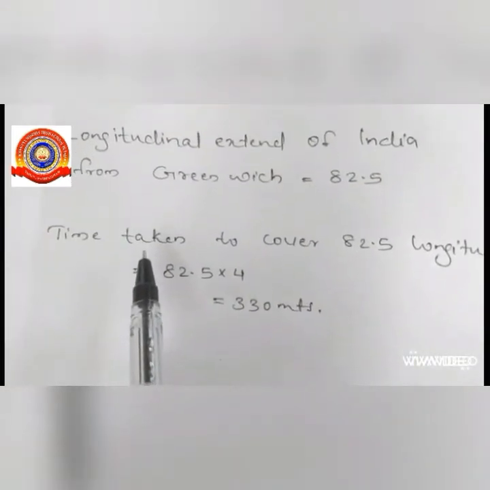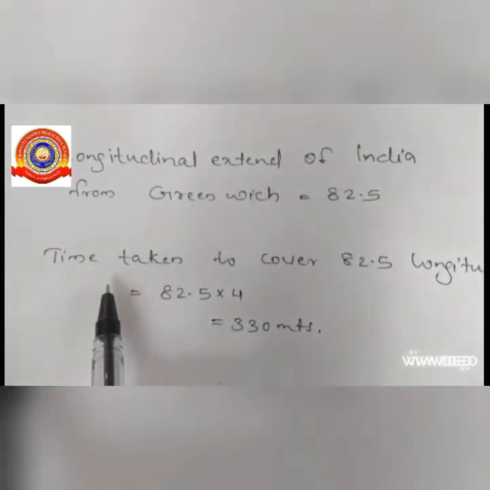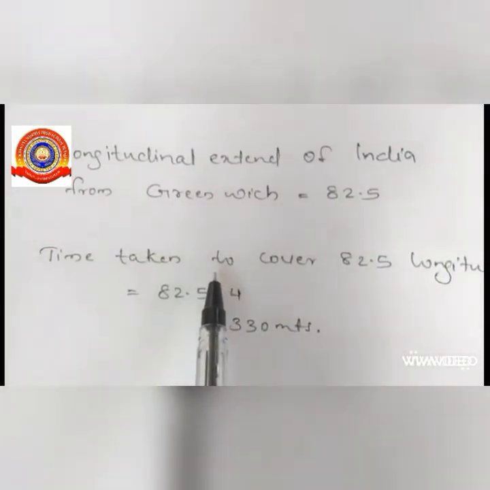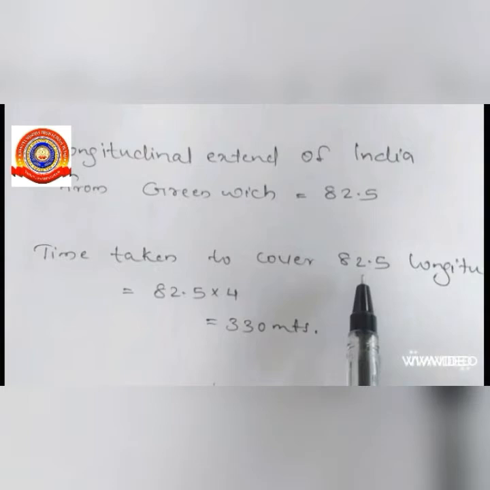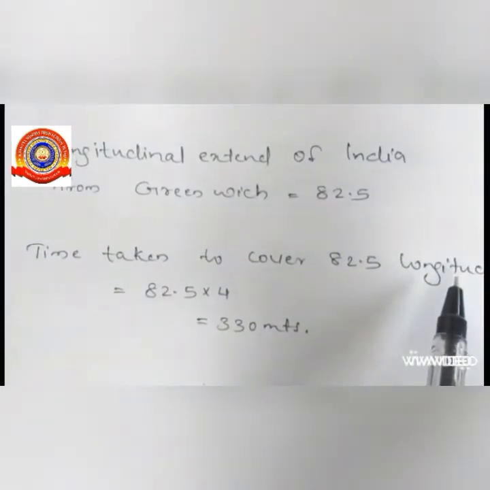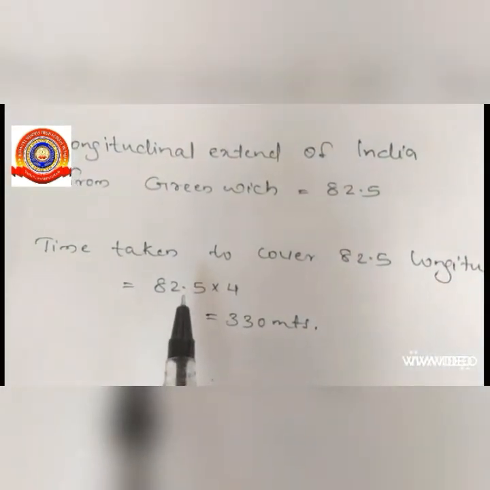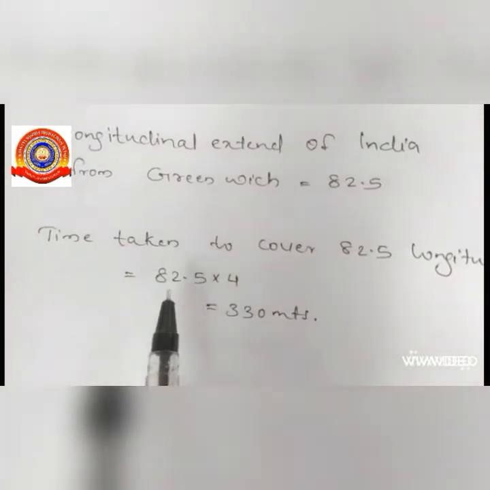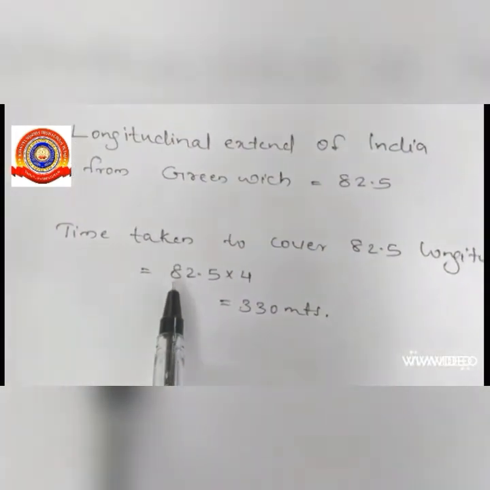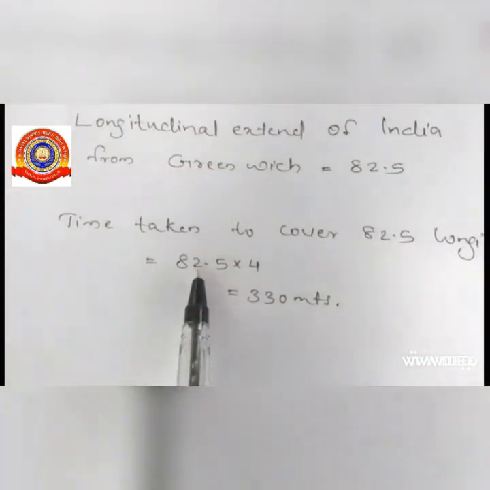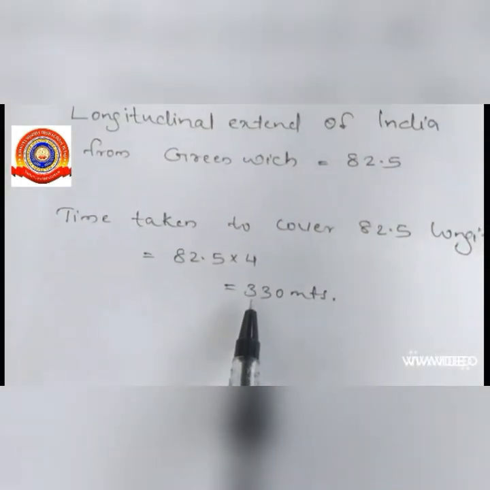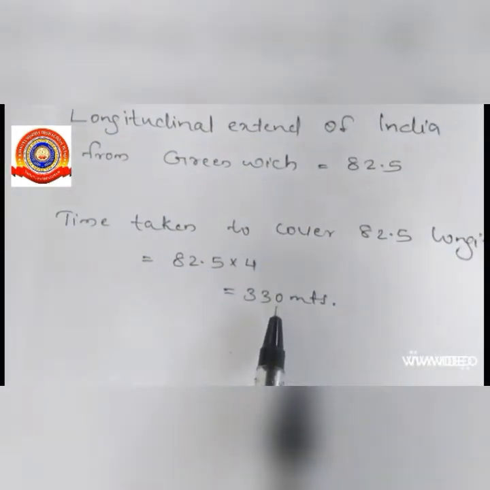Each longitude covers 4 minutes. Then we find how much time is needed to cover 82.5 longitude. So we multiply 82.5 into 4. Look, we get 330 minutes.